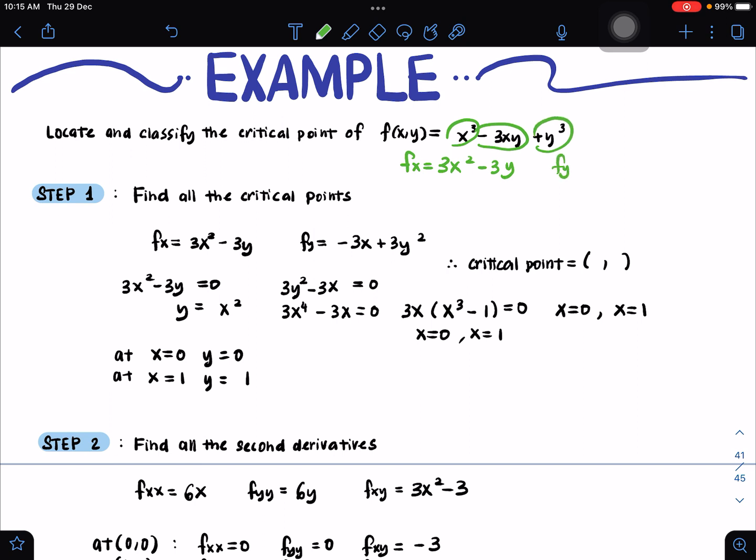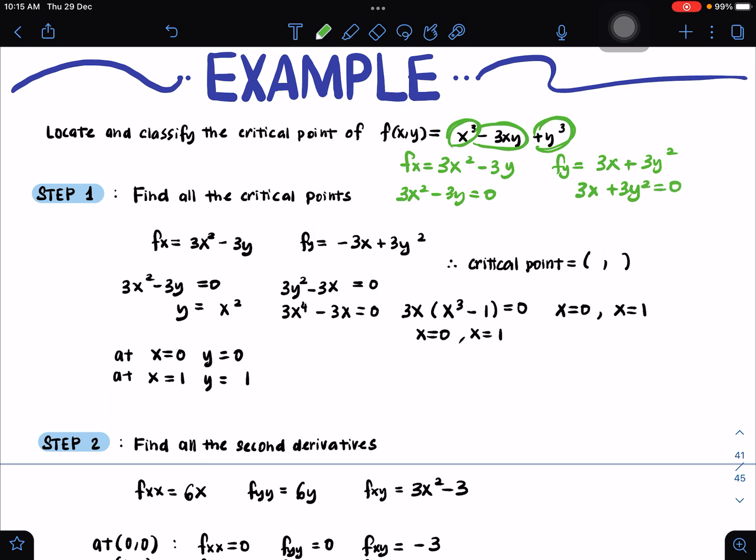And then fy, okay, you differentiate this one with respect to y, kosong. This one with respect to y, you will get 3x. And this one with respect to y, you will get 3y square. Okay, so sekarang ni kita nak let dia equal to 0. So kalau you tengok, kita let 3x square minus 3y equal to 0. Also this one kita let 3x plus 3y square equal to 0.